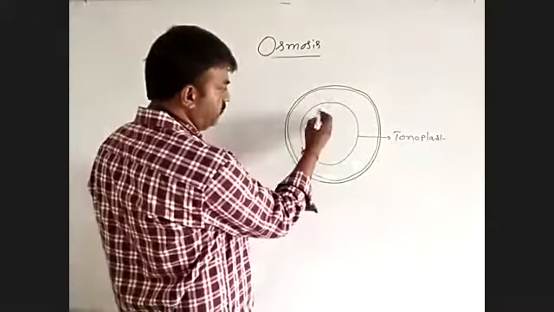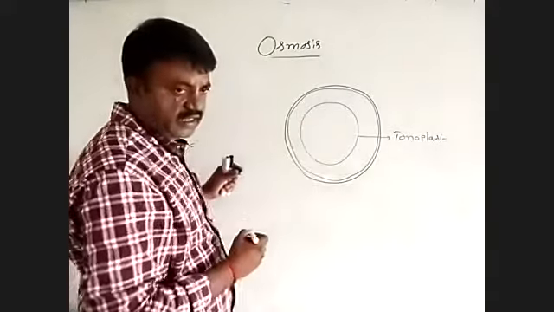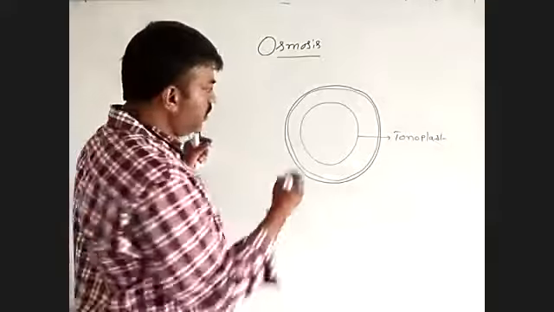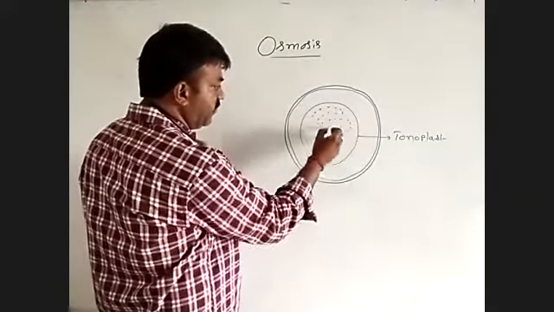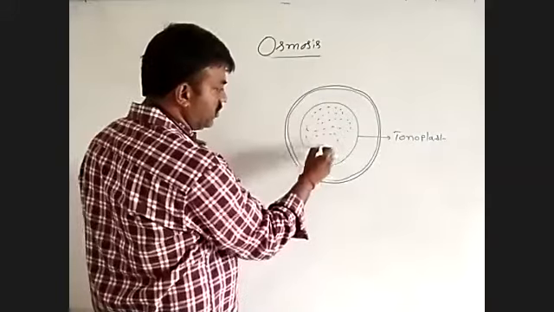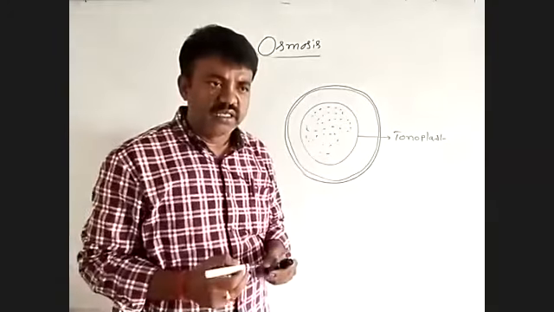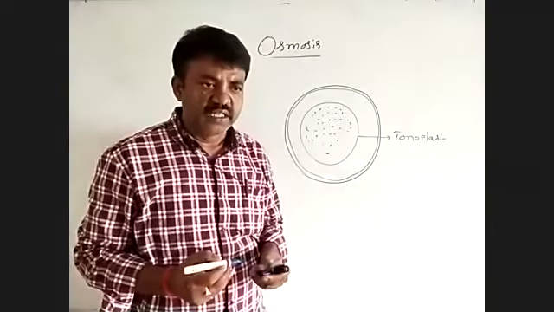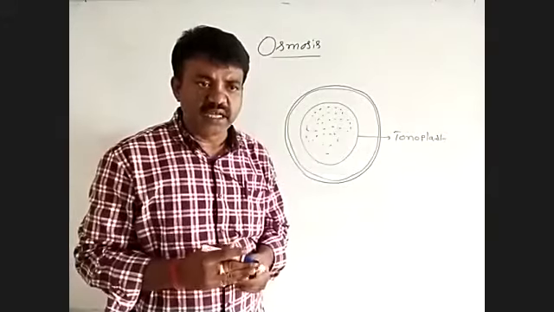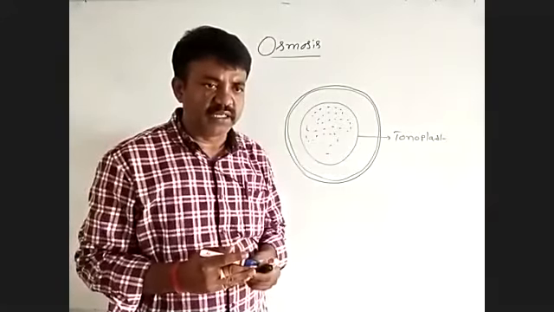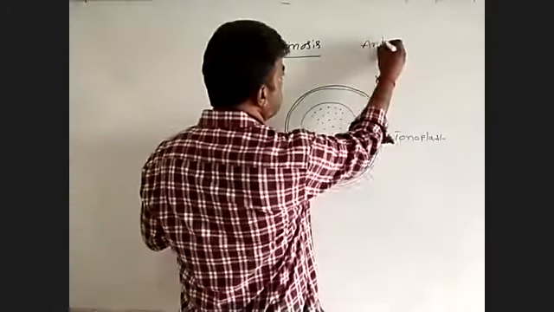Inside the vacuole, a variety of solutes are present, like end products, byproducts, ergastic substances, different types of organic substances, and also a special kind of pigment, anthocyanin, as we discussed in the last class.